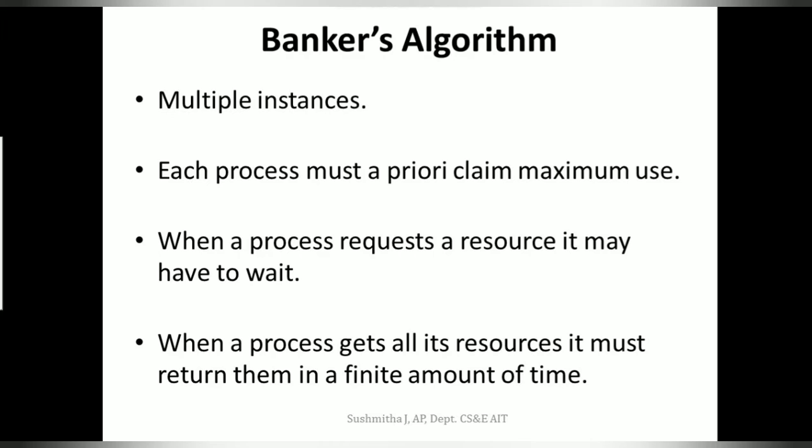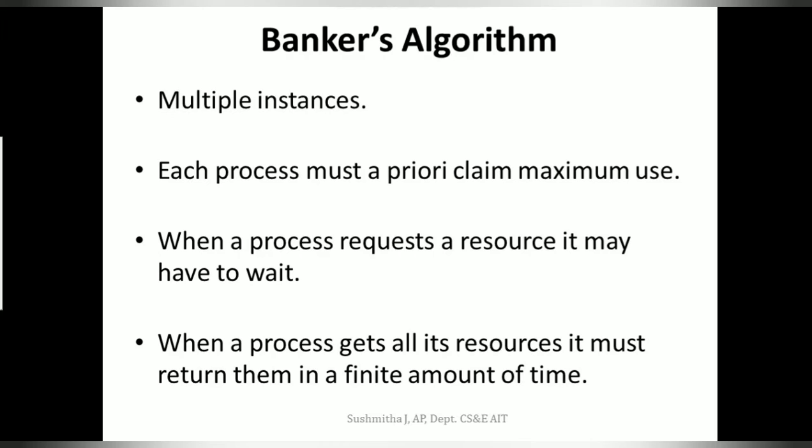If there is a single instance, we can determine whether it is entering a safe state or a non-safe state using the graph. But for multiple instances of the resource, the resource allocation graph cannot be used. That is when we use the banker's algorithm, which is a resource allocation and deadlock avoidance algorithm.